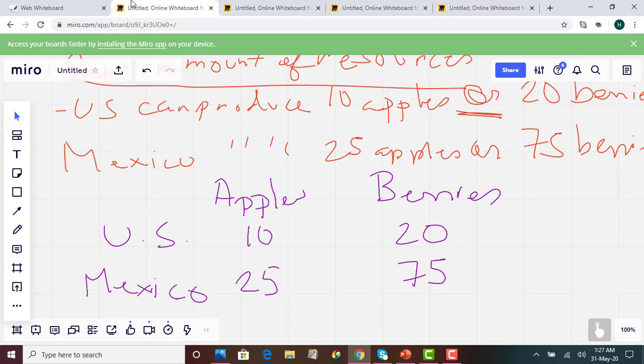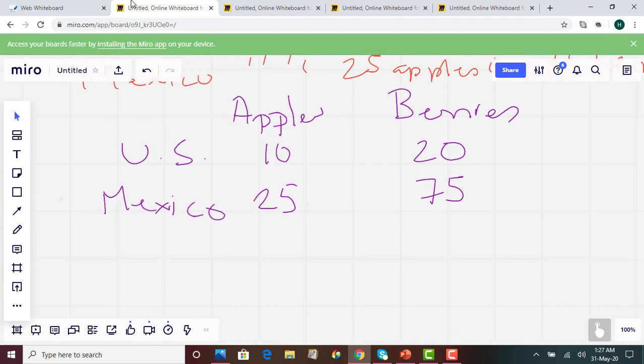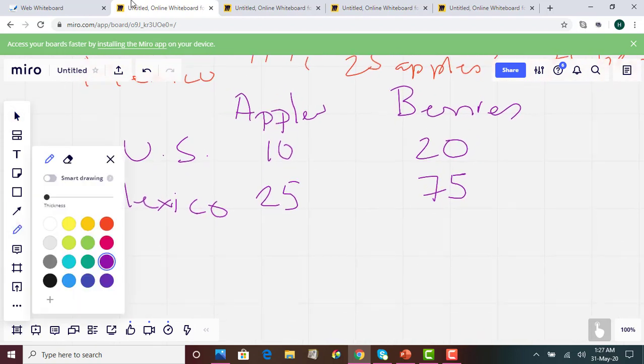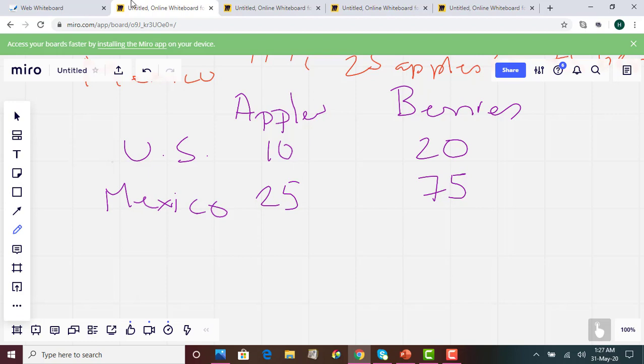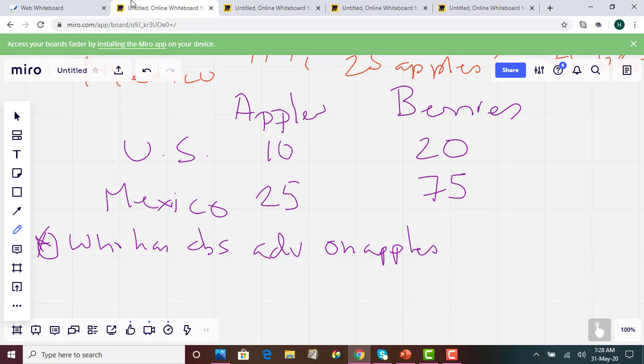Okay, so that's the first table. Based on this table, my first question is, who has absolute advantage on apples, and who has absolute advantage on berries?